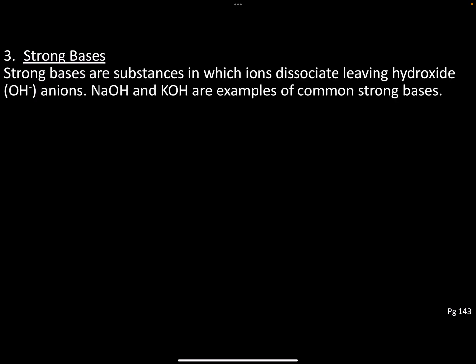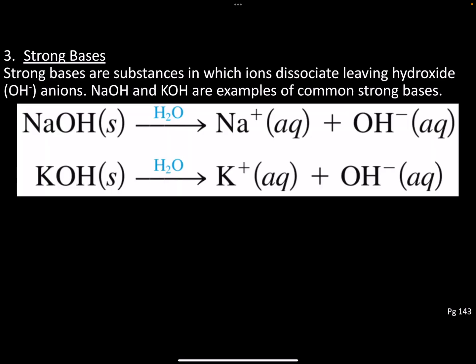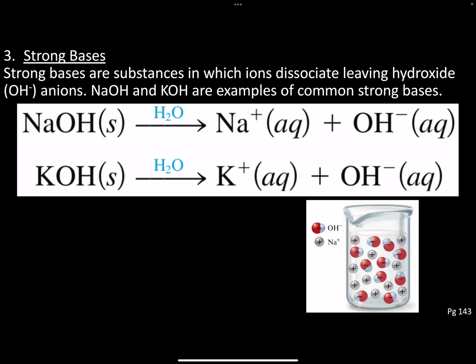Now let's talk about strong bases. Strong bases are substances in which ions dissociate, leaving hydroxide ions, those OH ions. Sodium hydroxide and potassium hydroxide are examples of common bases, and you can see that when they're put in water, they separate as well. Just like that. So a lot of OH minus ions, and that's what we're really measuring when we're coming to bases.